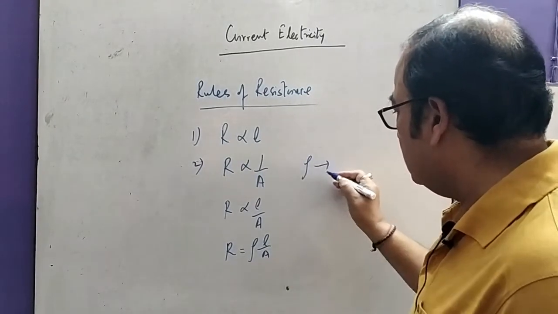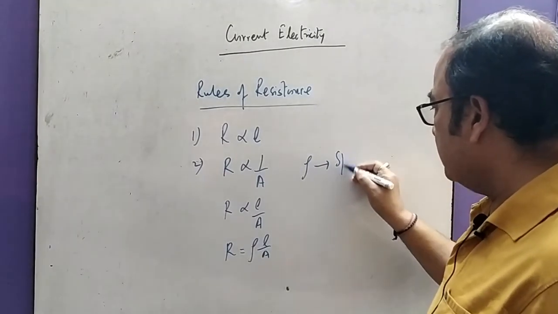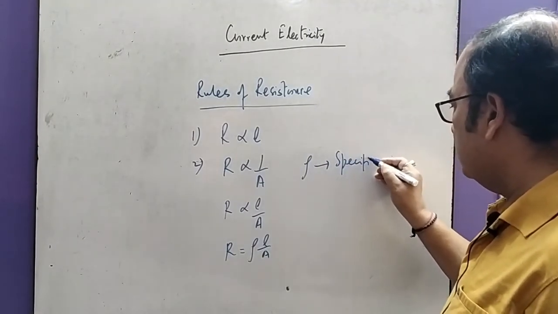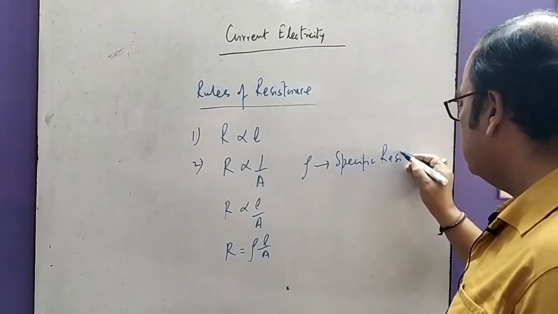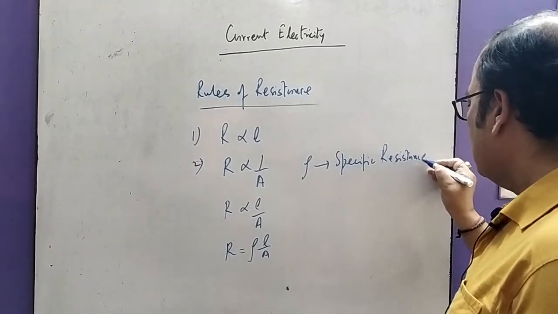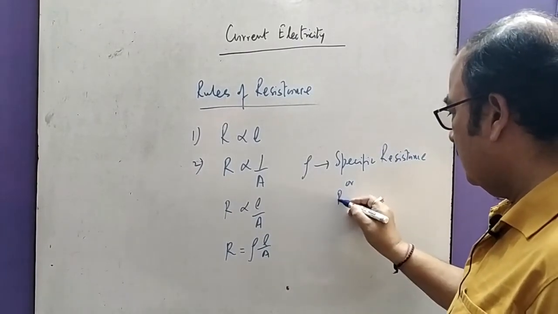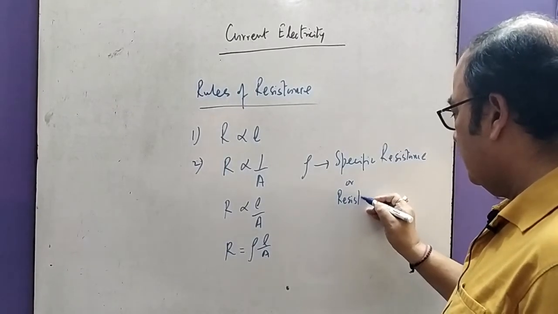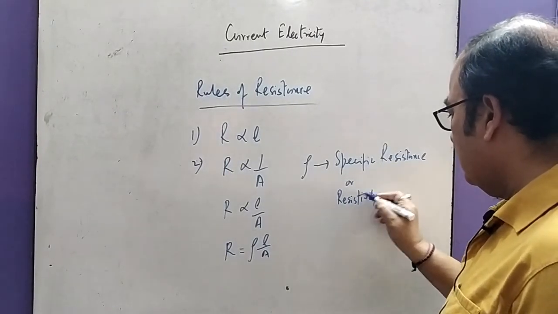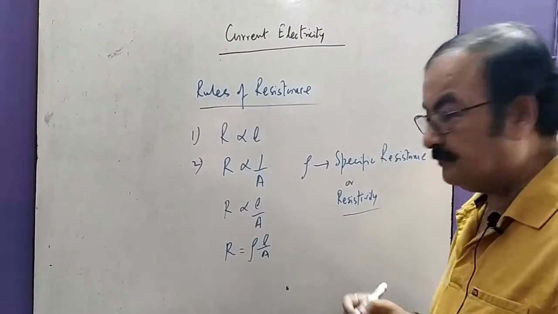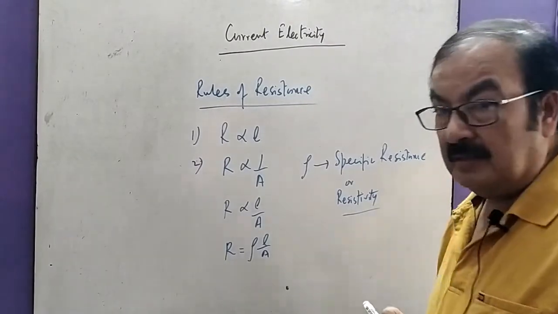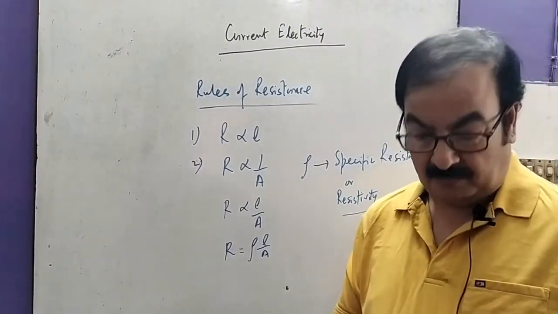This rho is called specific resistance or resistivity. This is a new physical term, of course.